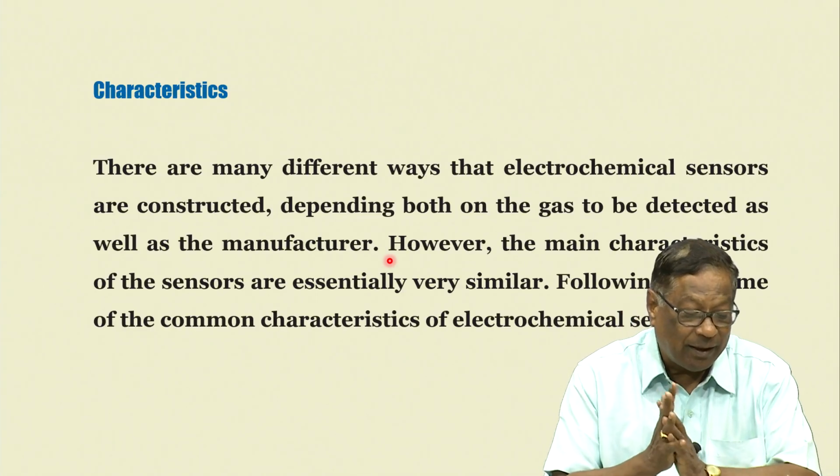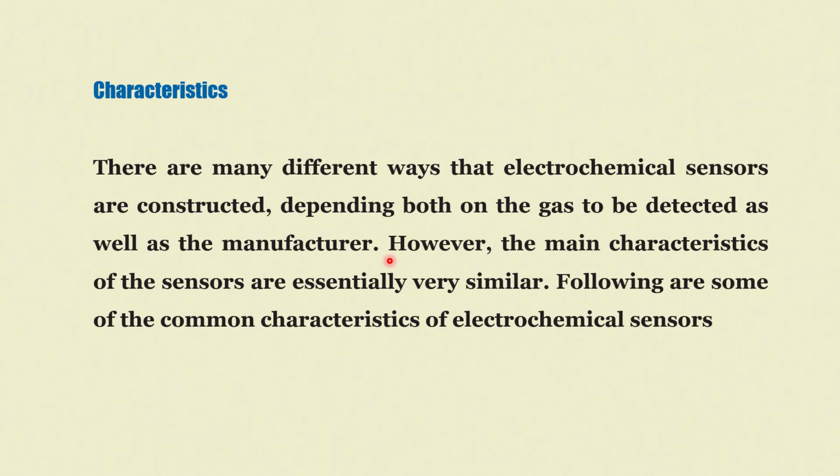So, here are some characteristics that electrochemical sensors are constructed with, depending on the gas to be detected as well as the manufacturer. We generally list the characteristics, and the main characteristics are essentially very similar.